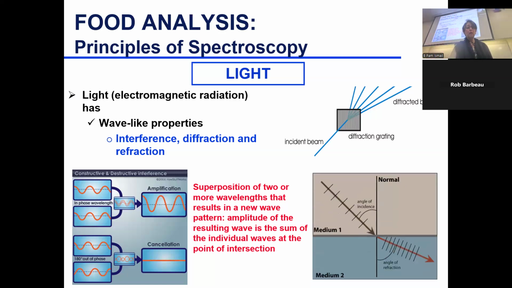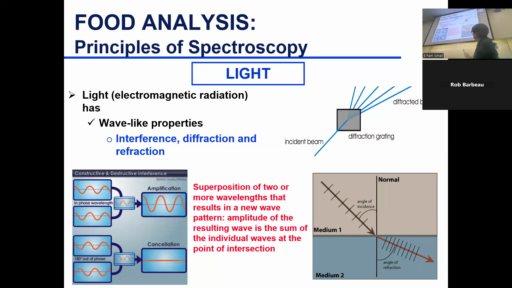The other one that we use quite often in analysis is refraction. We use it in refractive index determination of total solids, for example. So you measure the refractive index and you convert it to total solids. We use it in HPLC for carbohydrate determination.